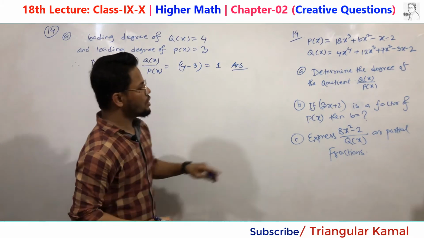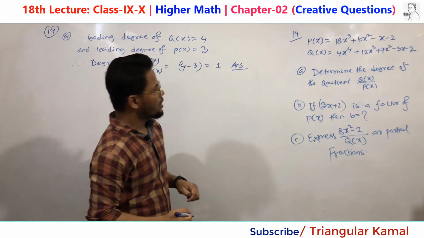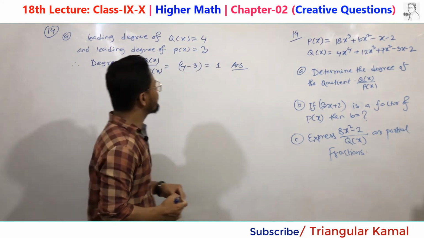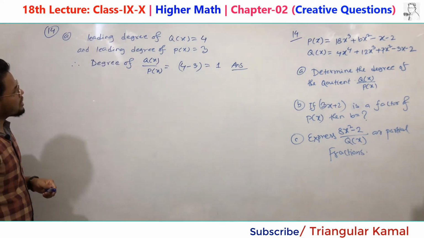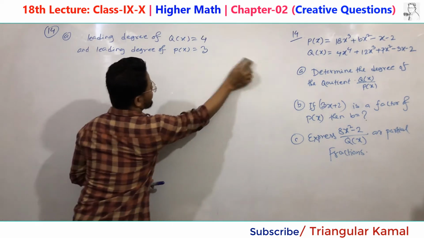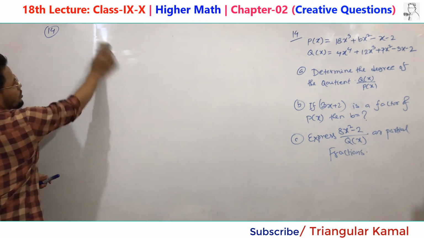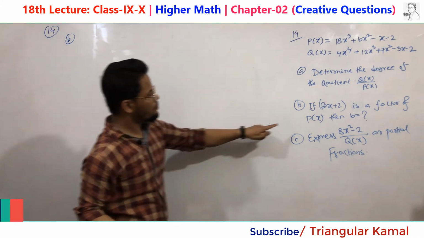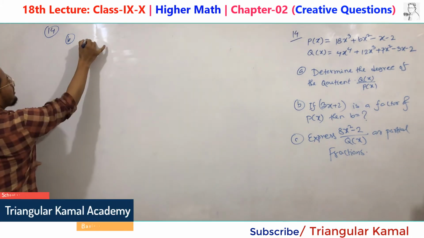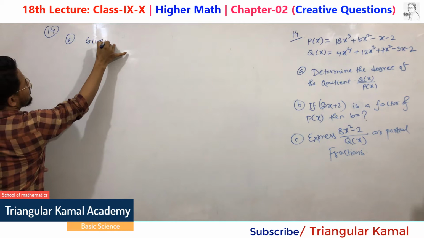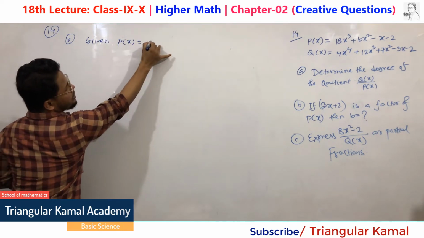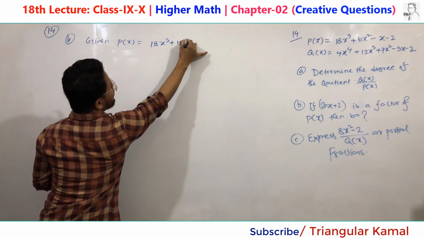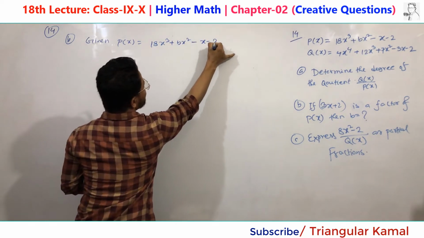And now give attention to question number B. If 3x plus 2 is a factor of p of x, then find b. You have to use the remainder theorem for this one. Okay, number B. First, p of x is given: p of x equals 18x cube plus bx square minus x minus 2.